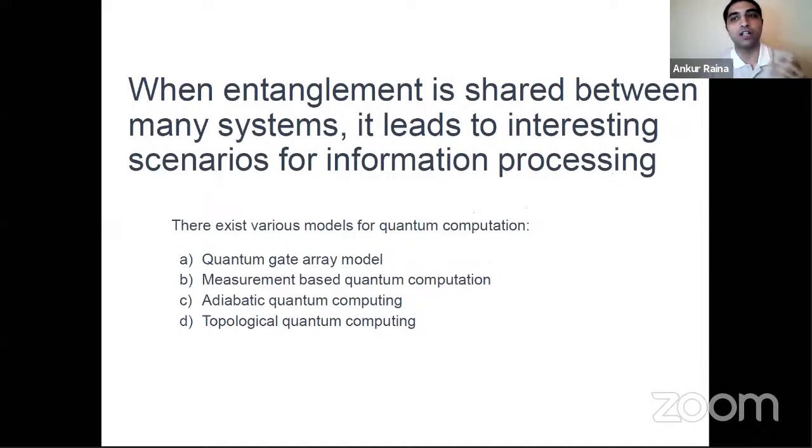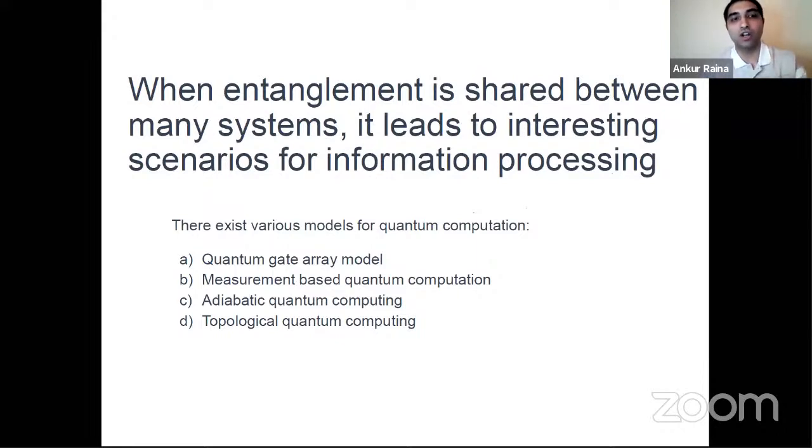So how do we enable this unitary transformation? There are various ways in which these can be created. One of them is the quantum gate error model. You have a state, and then you have some ancilla qubits. You do some connections between these, and you propagate the information, and in the end what you will have is a unitary acting on the initial state that you started with.